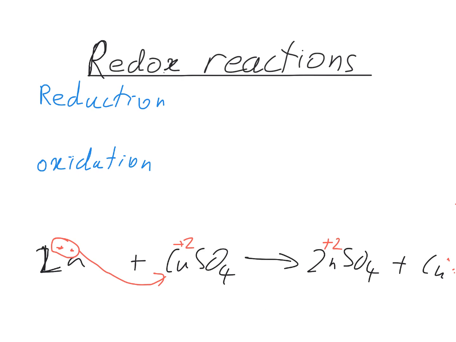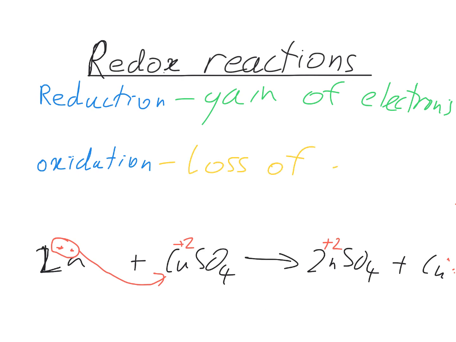So redox is now defined as electrons being lost or gained. Specifically, reduction is considered to be the gain of electrons, which annoys a lot of people because the terminology just doesn't match. Reduction is a gain. But in terms of electrons, yes, when something is being reduced, it is gaining electrons. On the flip side, oxidation is defined as a loss of electrons.